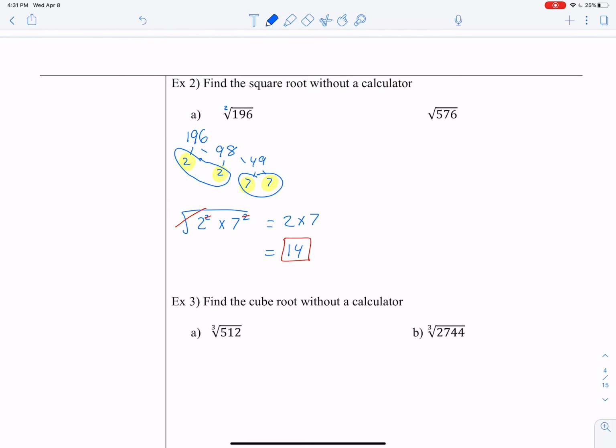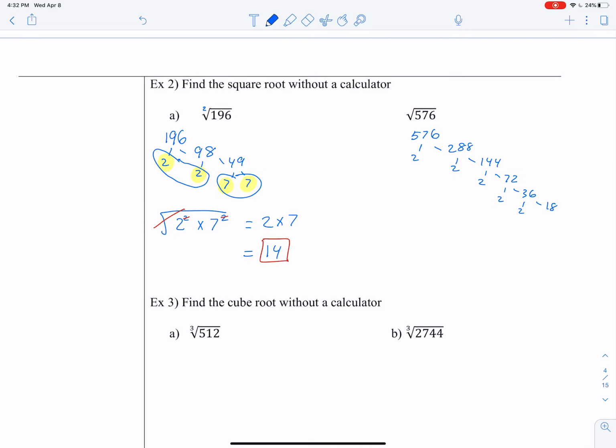So now we're going to do this next one, 576. So I have 2 and 288, 2 and 144, 2 and 72, 2 and 36, 2 and 18, oops, I'm running out of space, 2 and 9, 3 and 3.